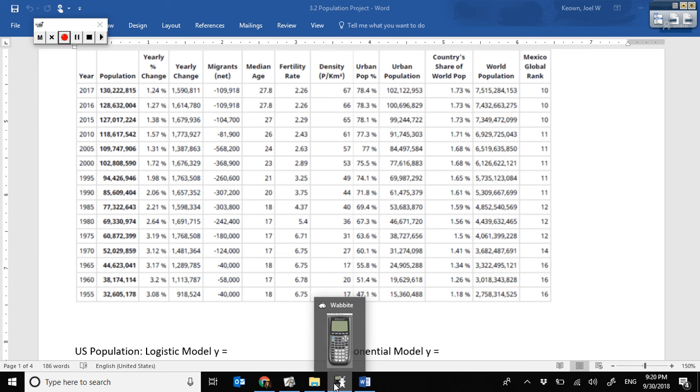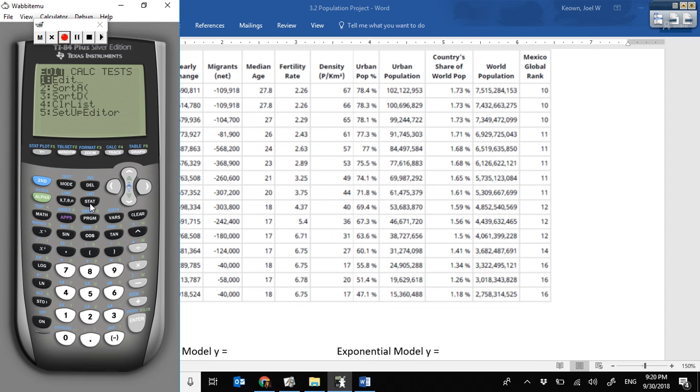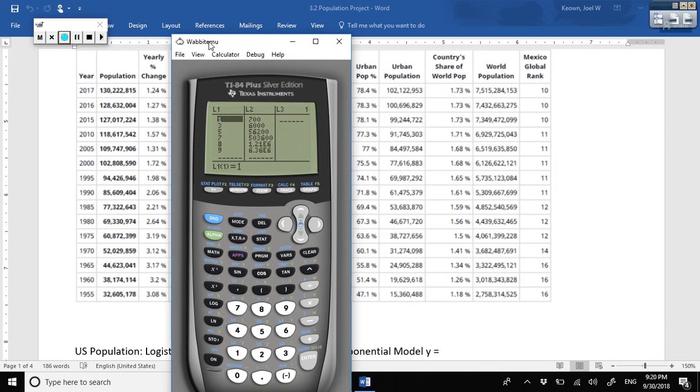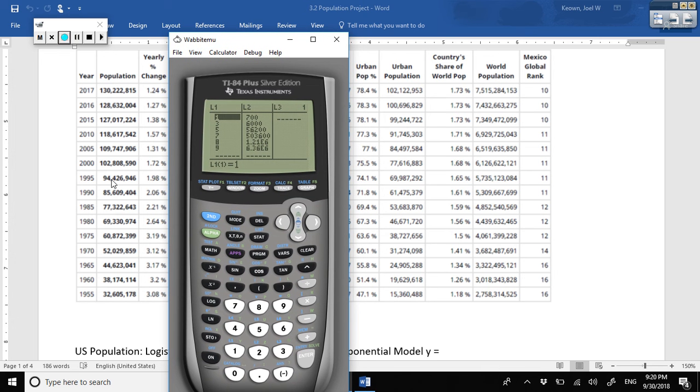If you forgot, I'll try to pull my calculator up. You'd go to Stat, Edit, you'd go to your X's and L1, your Y's and L2. Now this is very important when you're using very large numbers. For this first one right here, where it says 2017, since your first year is 1955, I would let 2017 be the number 117.